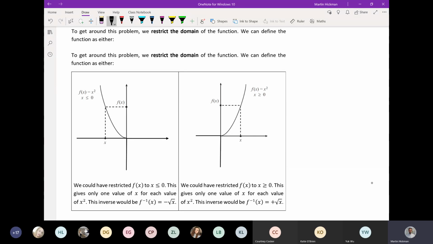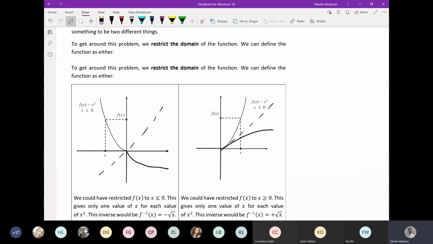As you can see, when we do that, we'd have our graphs looking something like that, and we can see we've got that reflection now. If you look at where the symmetry is, and then you restrict the domain either side, you can now see that it is just a one-to-one function.